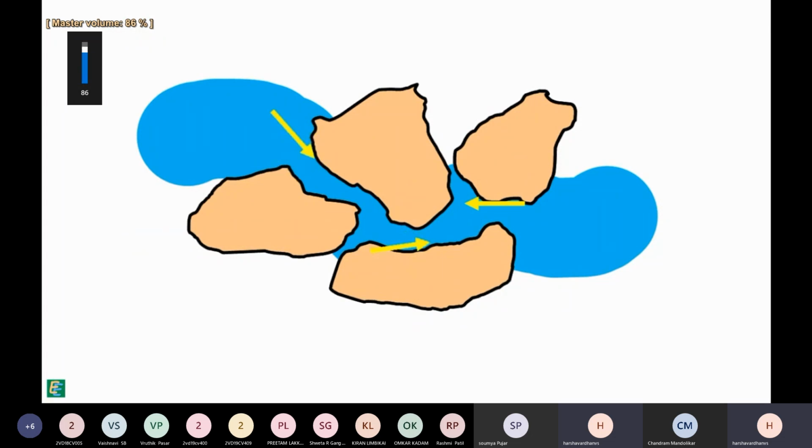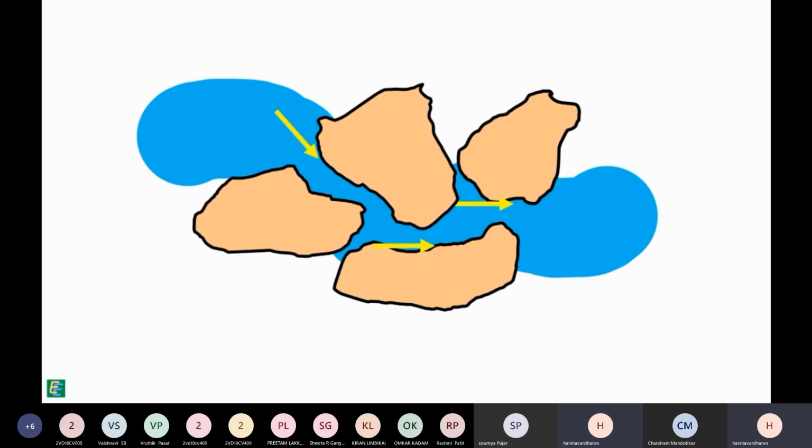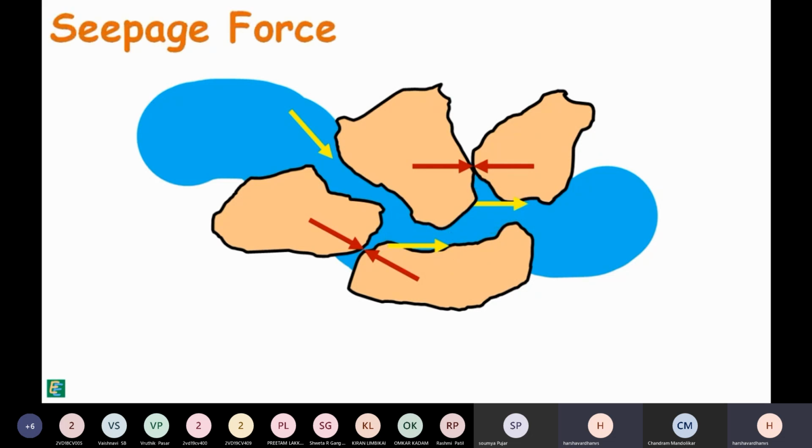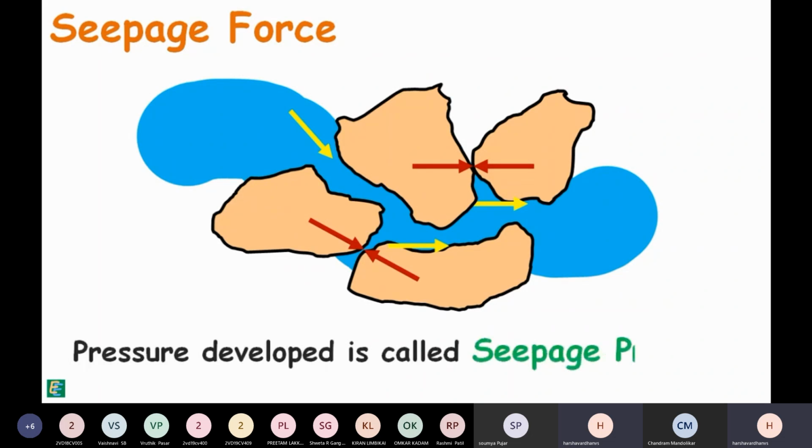In turn, water pushes the soil and this drag increases the interparticle forces. This force applied by the water on the soil particles is called seepage force, and the pressure developed in the soil because of it is termed seepage pressure.